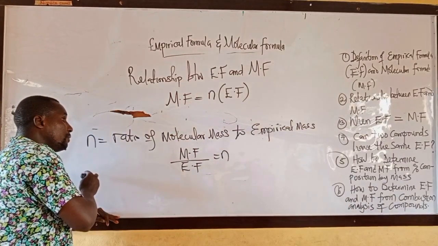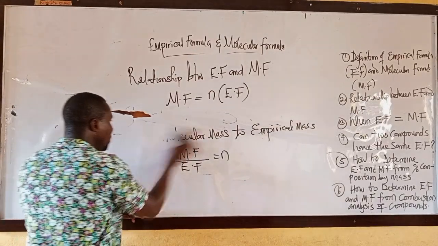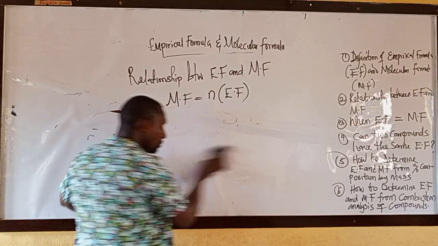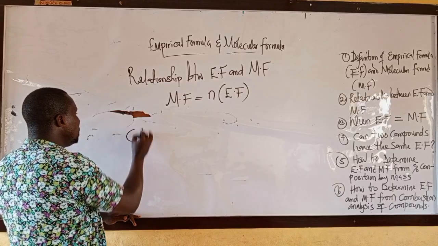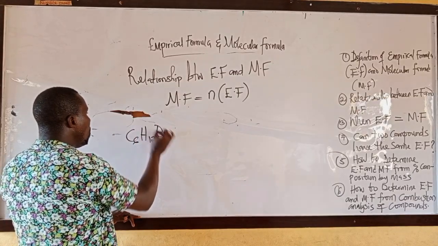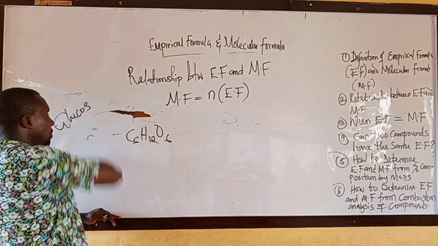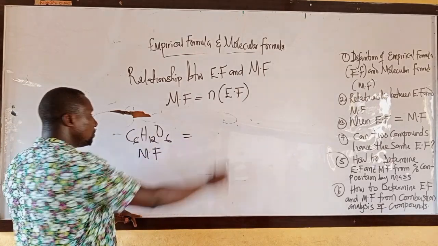Let's move further. Let me give you an example. If you have this compound, C6H12O6, which is glucose. This is the molecular formula of glucose.